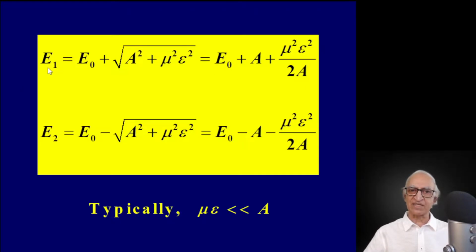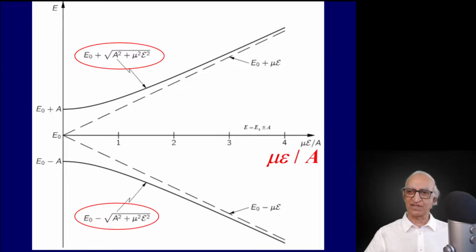So energy E1 will be proportional to the square of the electric field. Energy E2 will be proportional to the square of the electric field. This has a plus sign and this has a minus sign. And that is what is important for our discussion now. So, plotted as a graph, what I've shown here are the two energy levels, E0 split into E0 plus A and E0 minus A due to quantum mechanical tunneling.